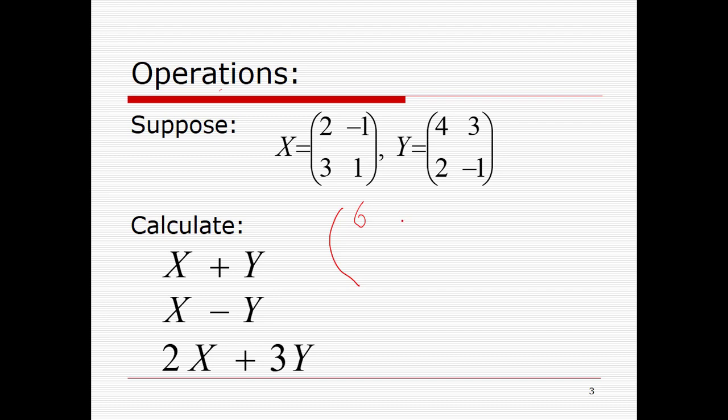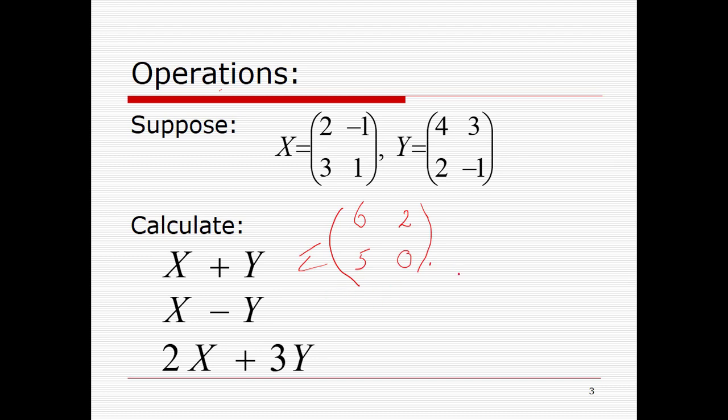We have minus 1 and 3 at the same position, that will give us 2. We have 3 plus 2 in the same position, that'll give us 5, and 1 and minus 1 in the same position, that'll give us 0. Okay, so x plus y becomes this result matrix.